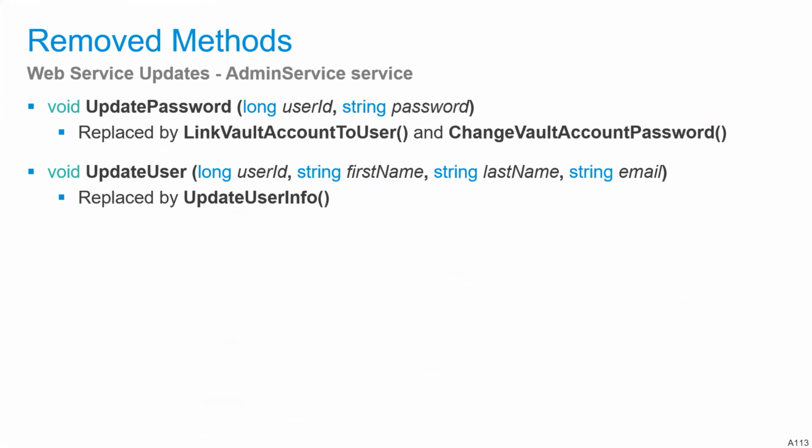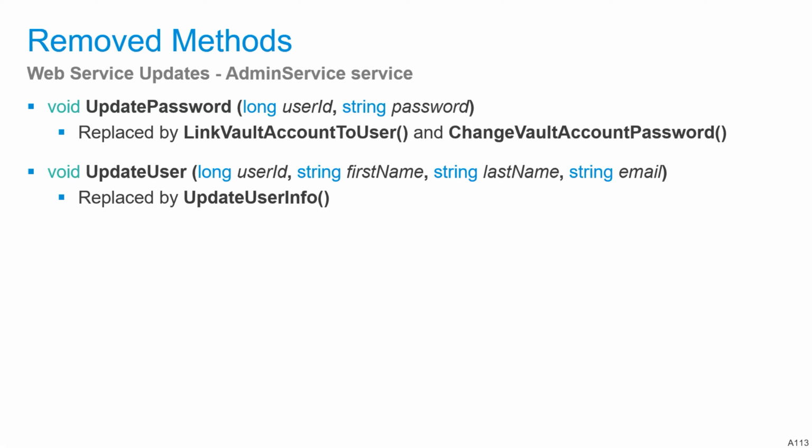Next are removed methods. So we can see methods that were replaced or removed. Update password was replaced by link vault account to user, because in link vault account to user we can set a password for the specific user for the vault account, and also we can use change vault account password to change the password, but we need to provide an old password to change it.